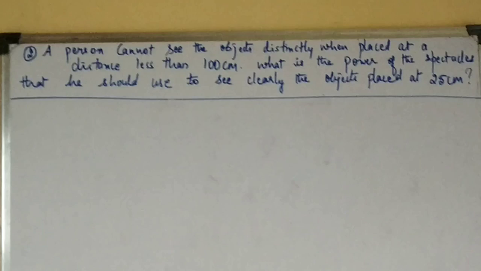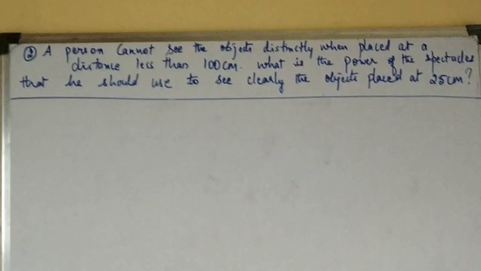Now if you simplify it, you will get P is equal to 3 diopter, approximately, because 333 into 3, 3 3s are 9, 3 3s are 9, 3 999, and here you have 1000, right?